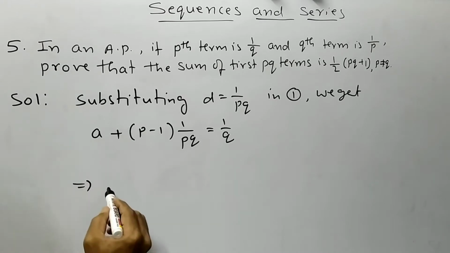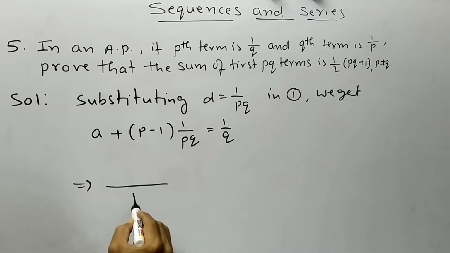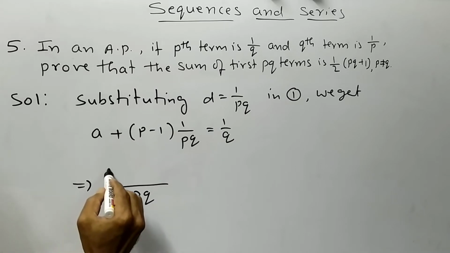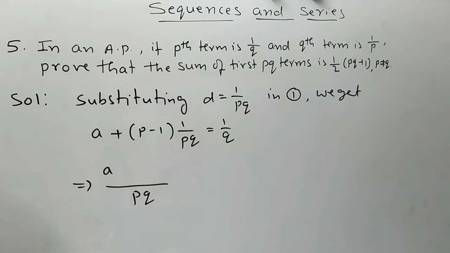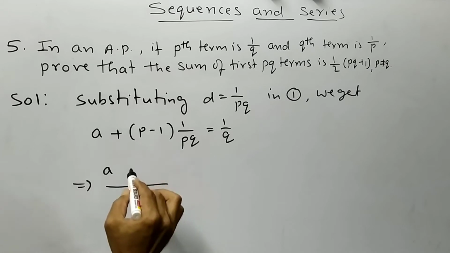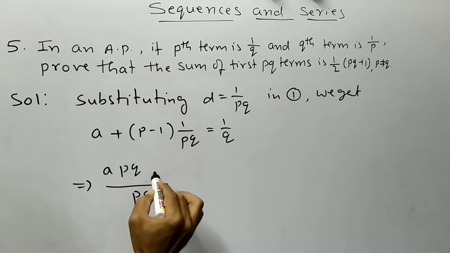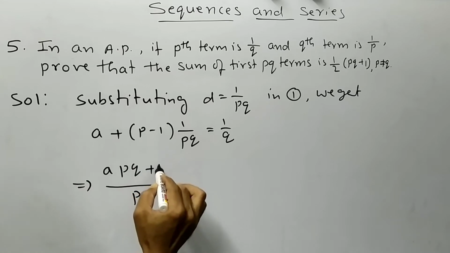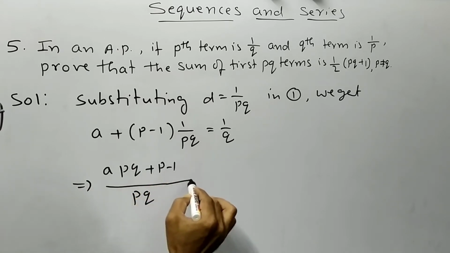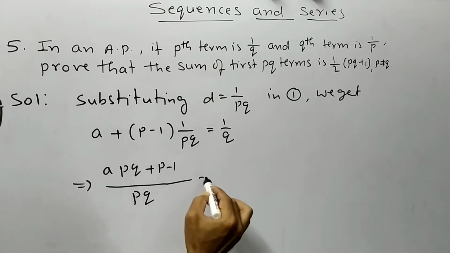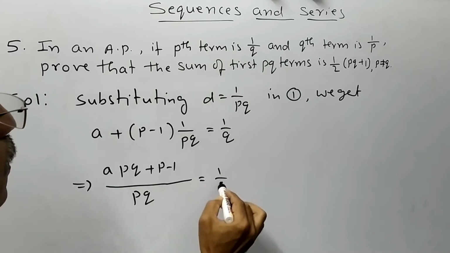implies pq is the LCM. a pq plus p minus 1 is equal to 1 by q.